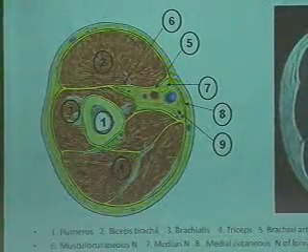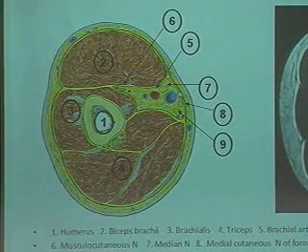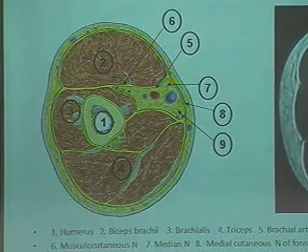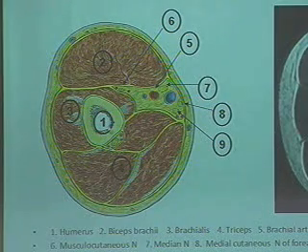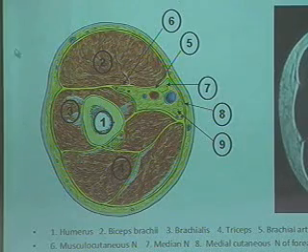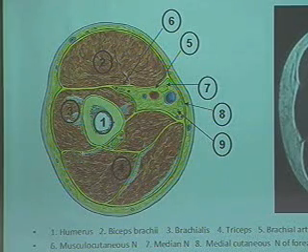What separates them? This yellow line here is the deep fascia. Now if you see this yellow line, the deep fascia is attached to the bone, the humerus. Again, if you look at this yellow line, even this is attached to the humerus.